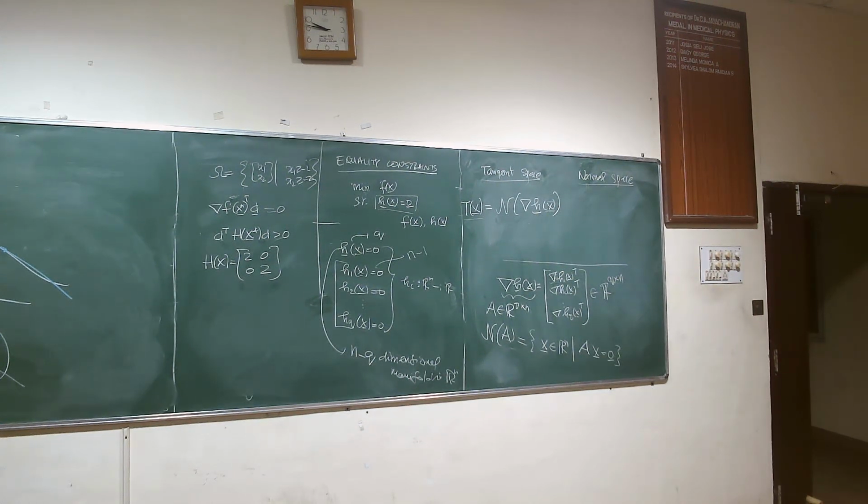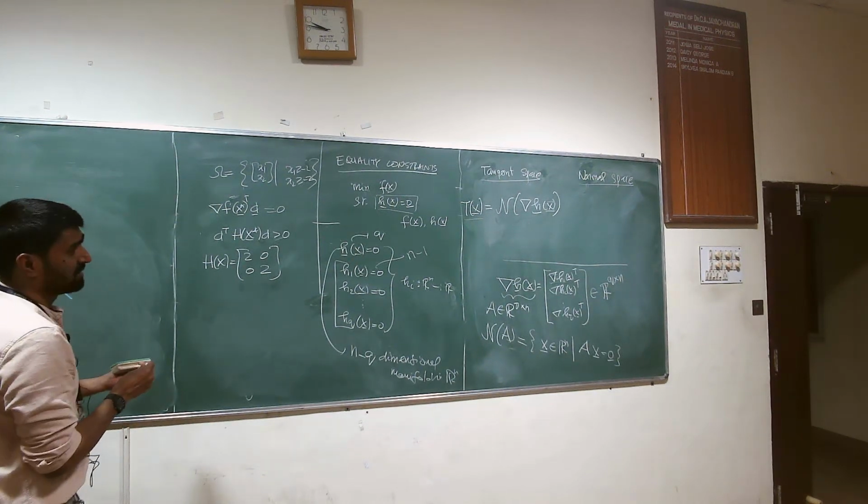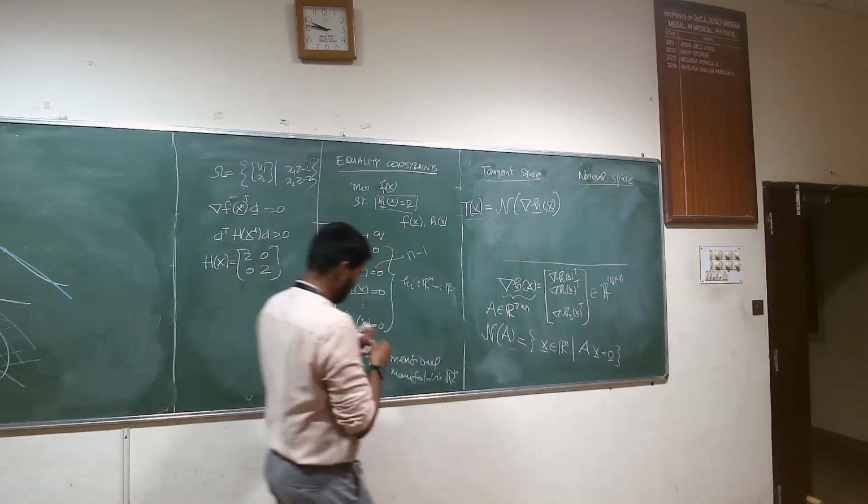This plane touches this two-dimensional manifold, the sphere, just at that point. That's the tangent space.